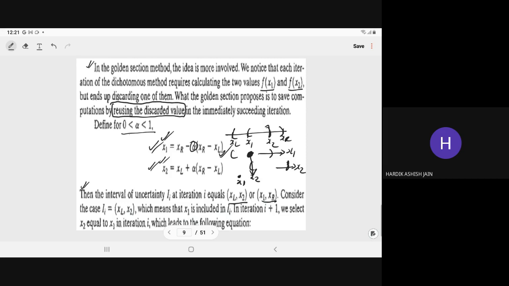Presently the length of the interval is this, and in the next step we narrow it. Whatever the previous step's x1, that becomes the x2 of the succeeding step, and only the new point is created as x1. So again you narrow the interval of uncertainty.